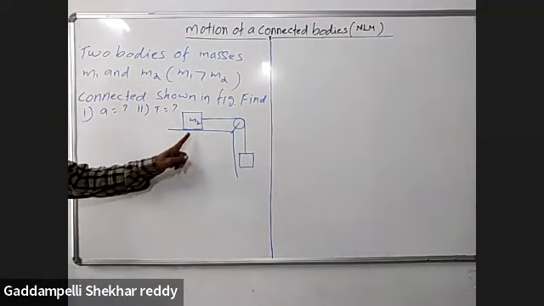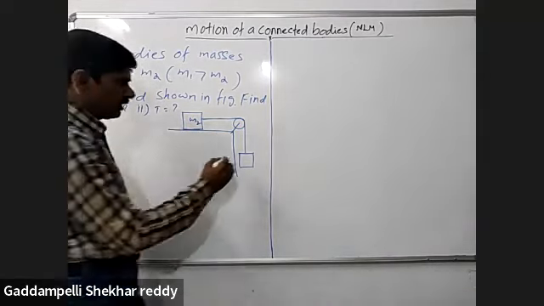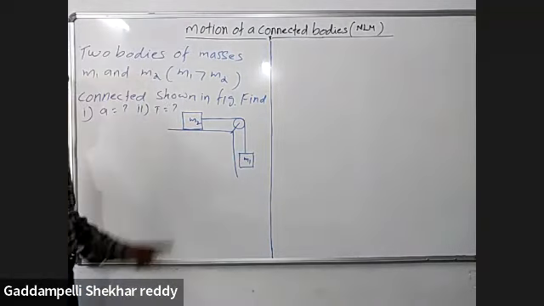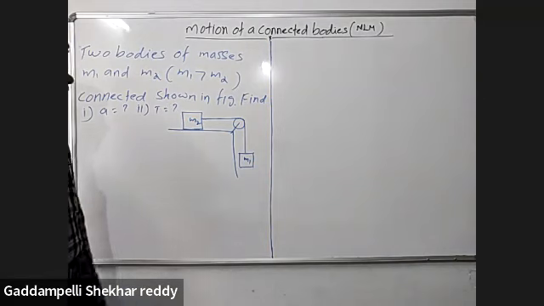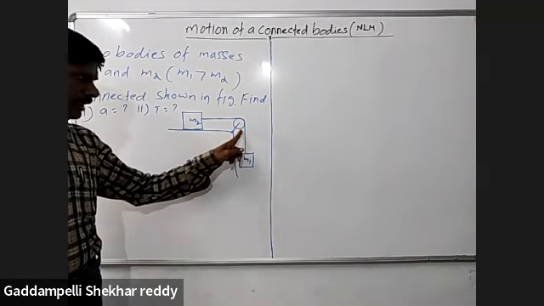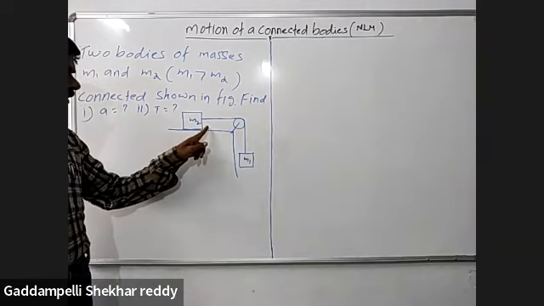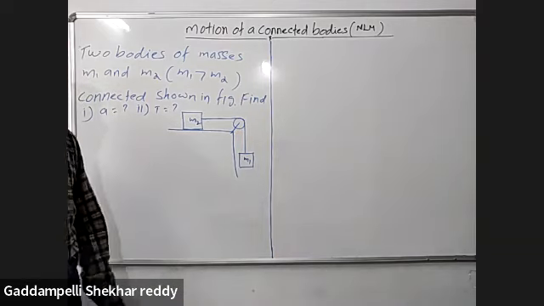M2 is placed on the horizontal surface, and M1 is vertically suspended with the string. The string passes over the pulley. The pulley is frictionless and massless, and the surface of the table is also smooth.